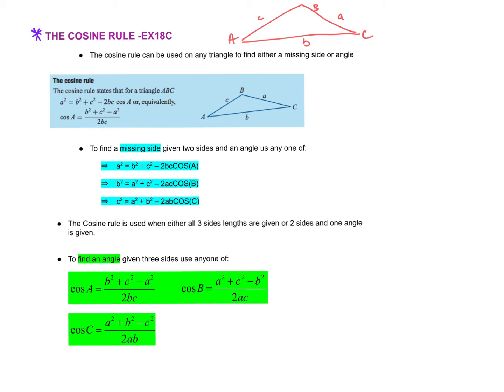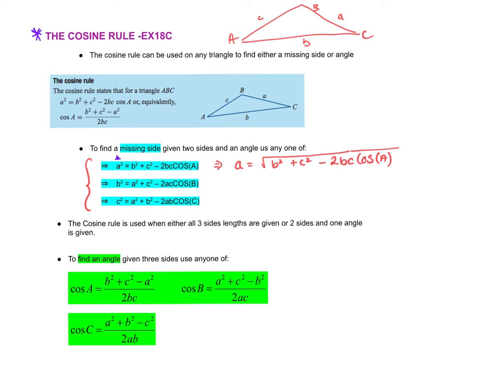If you're wanting to find a side, so you're missing a side, here are the rules that you can use. So the cosine rule, you can see that it's written as a squared. So really, if we were working it out, it would actually be the square root of all of those. But because you use your solve function, you can use solve at this point, as long as you write comma a.